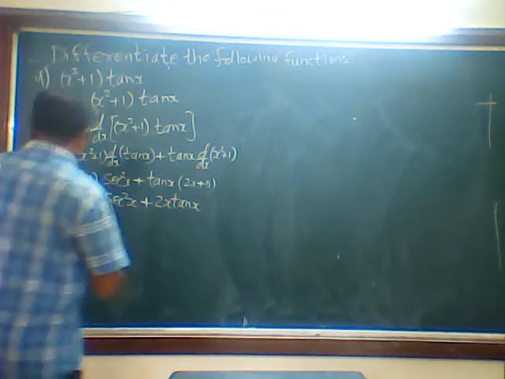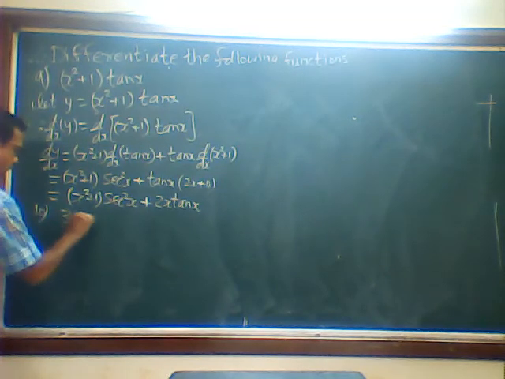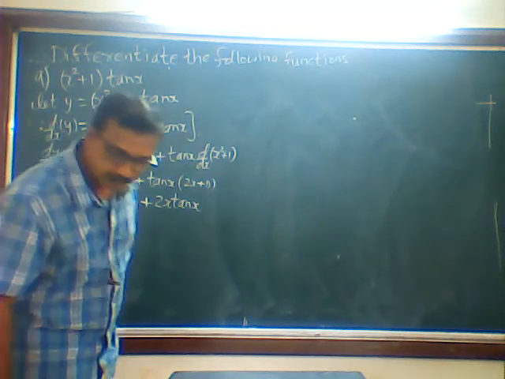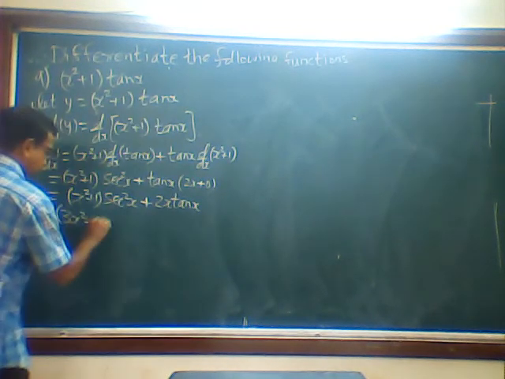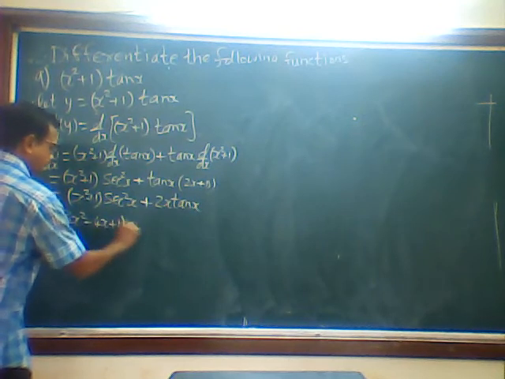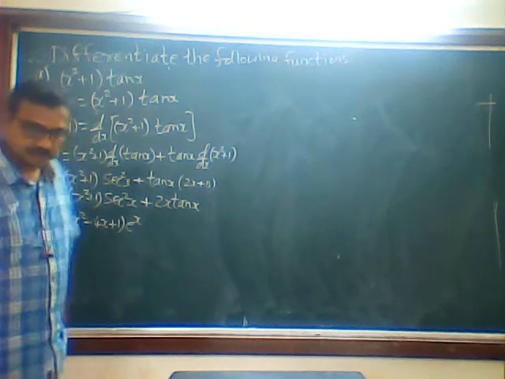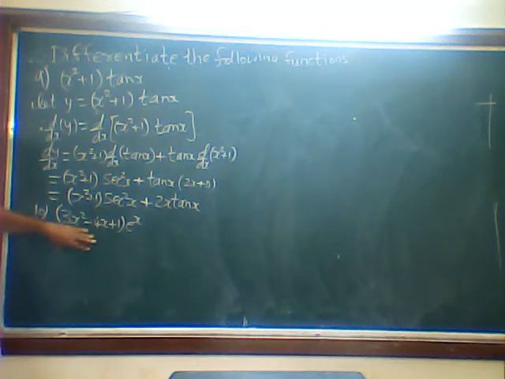Next is 3x square minus 4x plus 1 into e raised to x. So again, you treat this round bracket as one term and e raised to x as the second term, that is u, v.